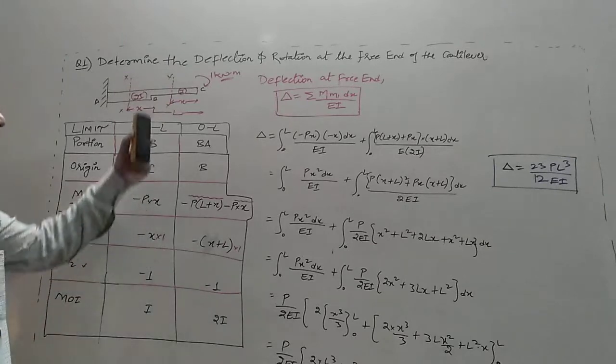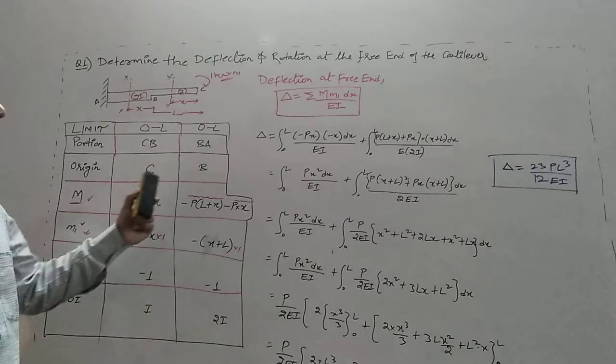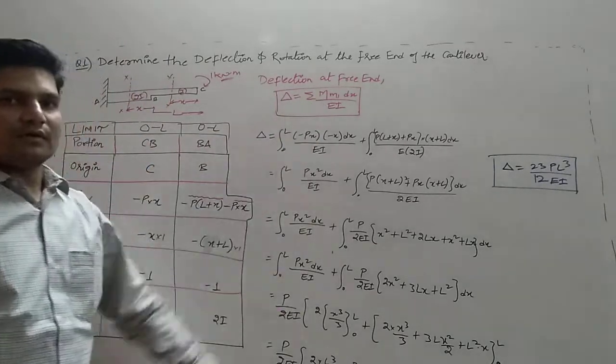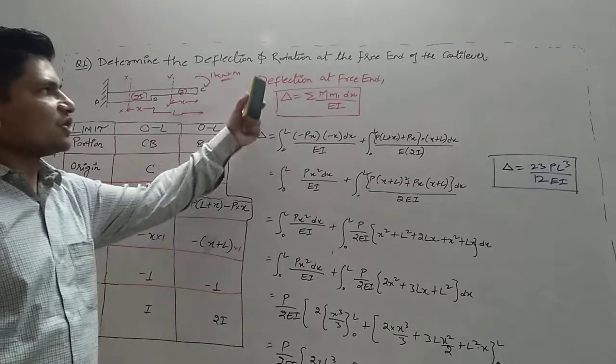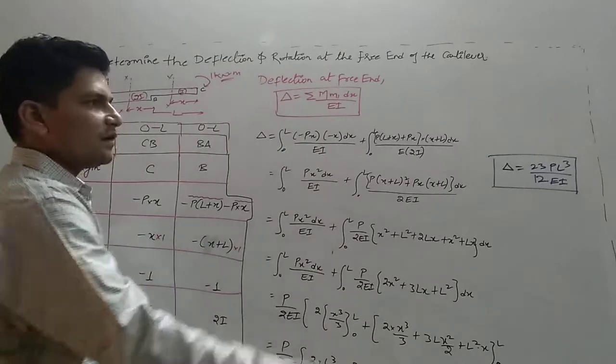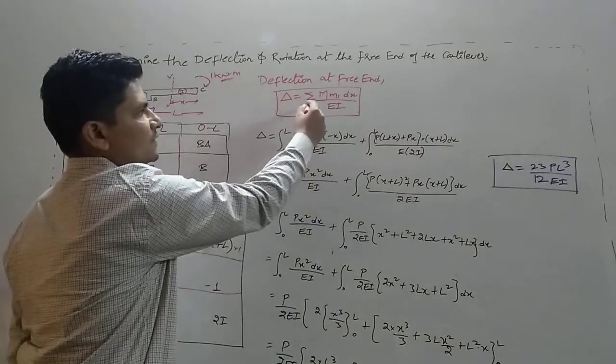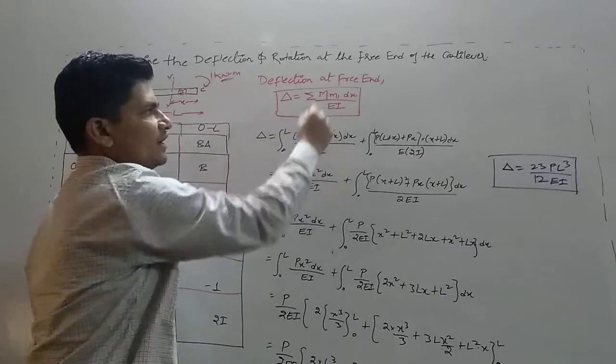This is important because when we put in the formula, it will be helpful in identifying the I value. Now we have to find our deflection at the free end. The formula to be used is delta equals the summation of M M1 dx upon EI.